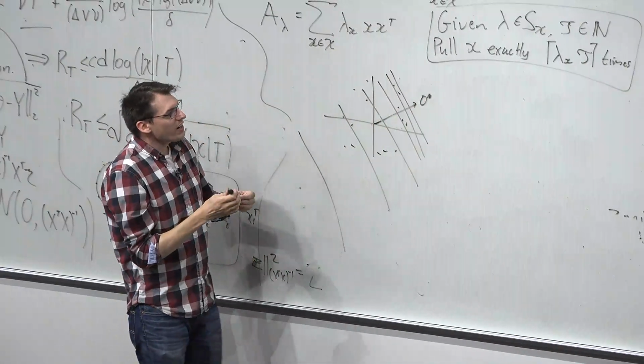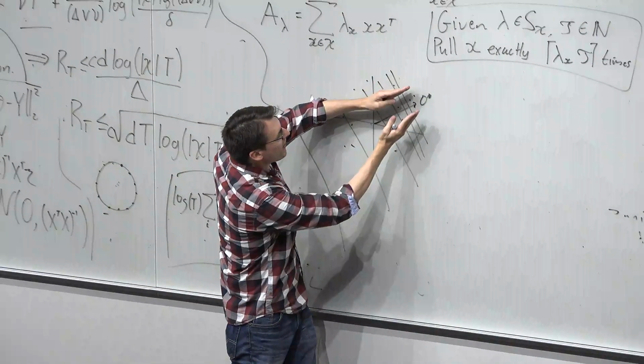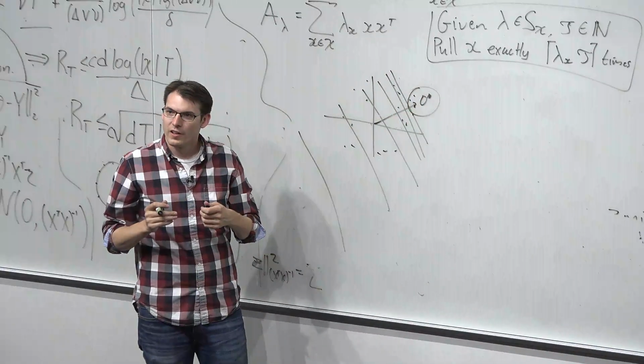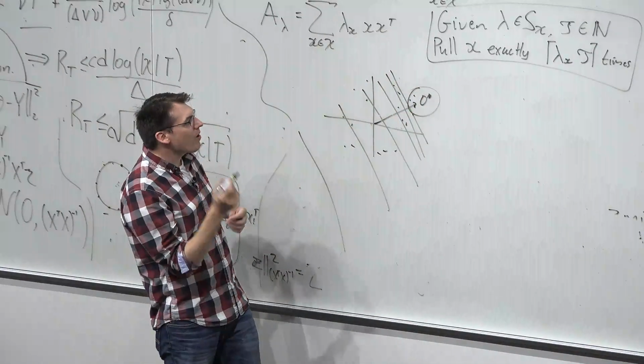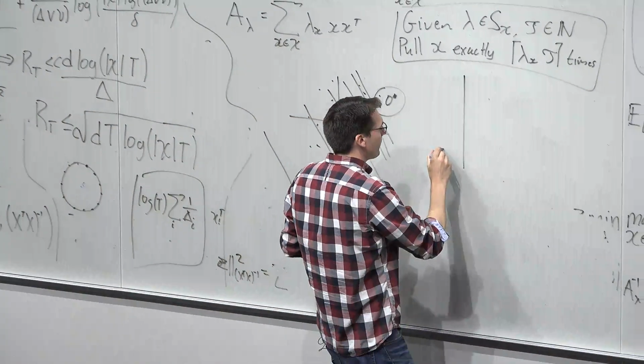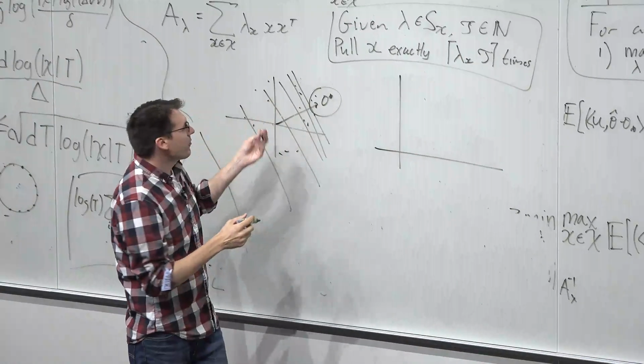And so this algorithm is basically converging to only playing vectors that are in the direction of theta star. But this is quite a problem because this is not actually what I want to solve.